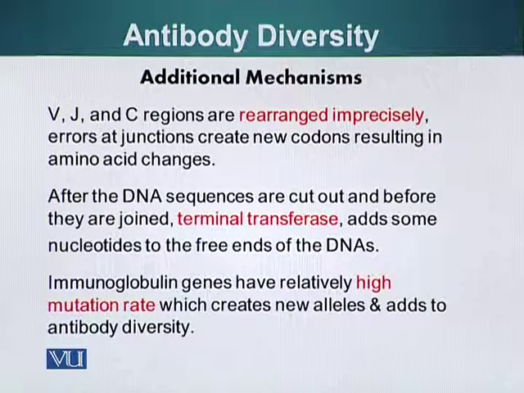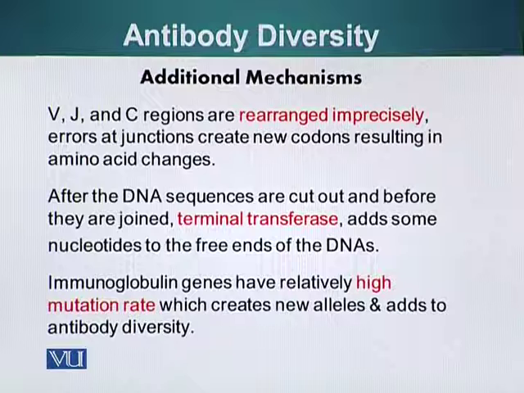For example, V, J and C segments are rearranged imprecisely. Errors at junctions happen and they create new codons. When codons change, that results in different amino acid changes.